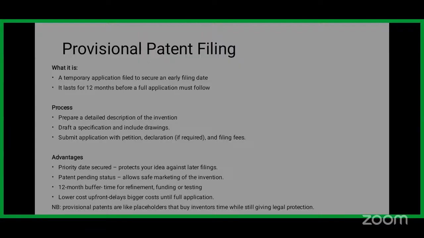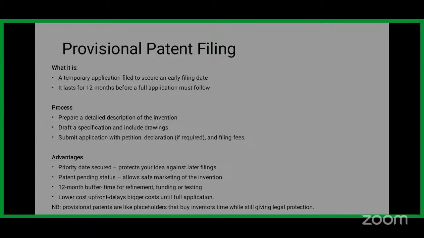If, for example, he has filed a provisional patent application today, and the main patent application is filed by December, he can claim that his invention was protected today. That's the whole essence of provisional.